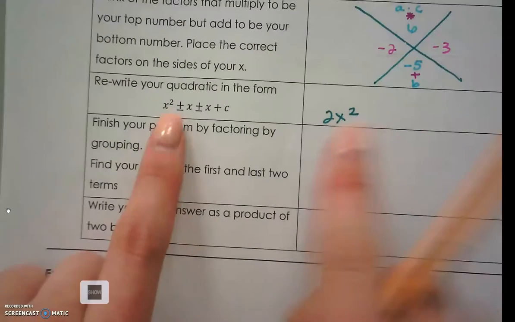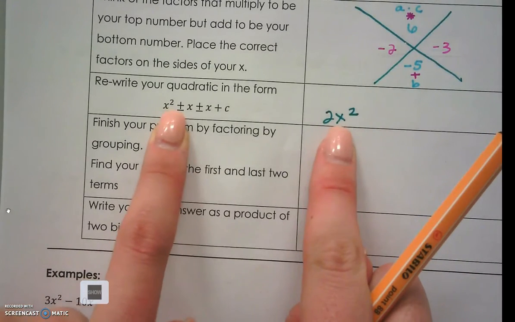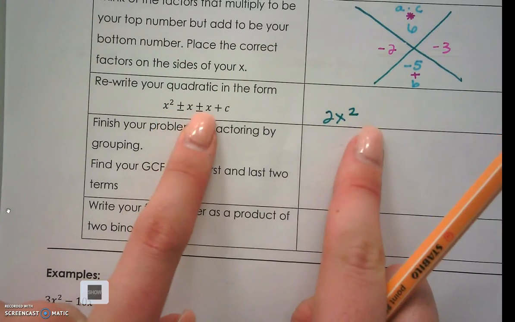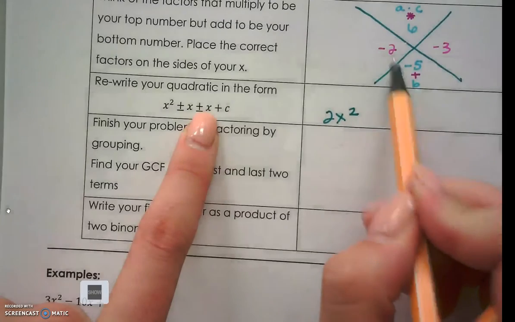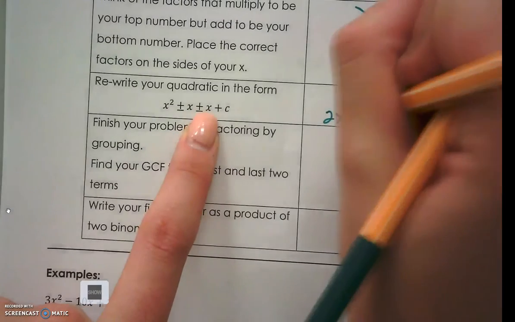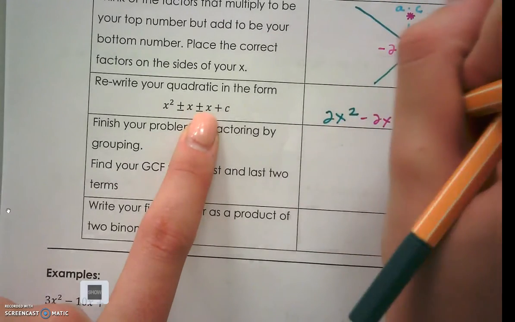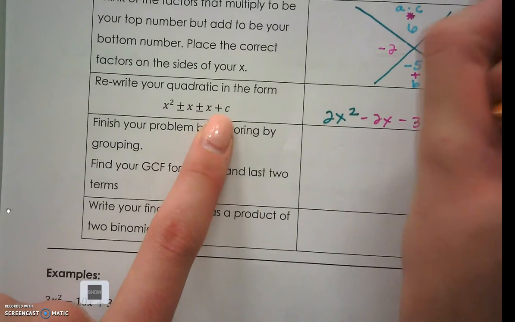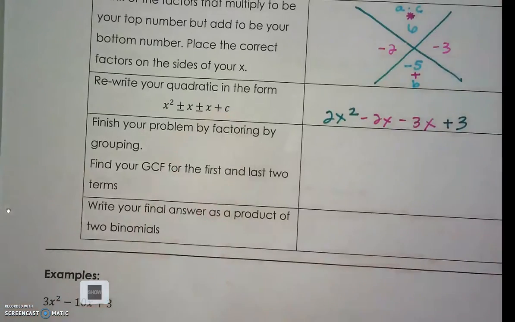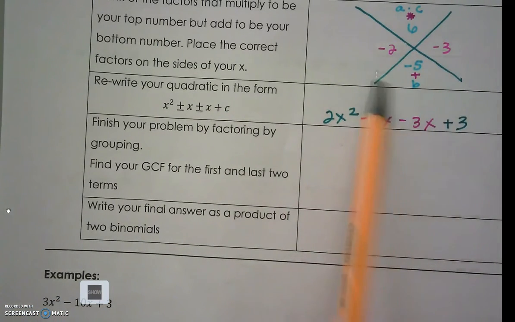So we'll rewrite our squared term, 2x squared, and then our middle term, which we just broke down into a -2 and a -3. And we'll keep C, our constant, the same from our original problem. So this X method was a step to help rewrite our quadratic.